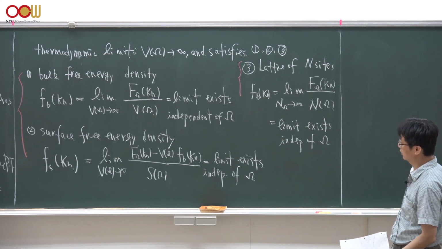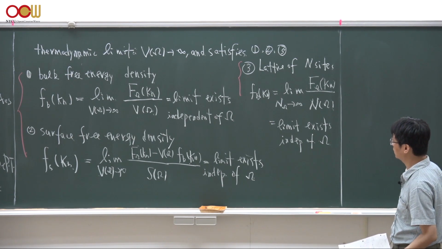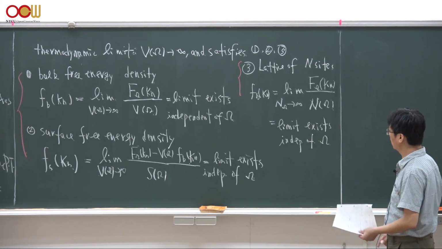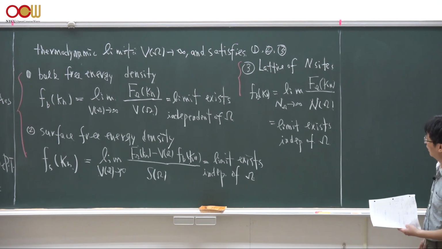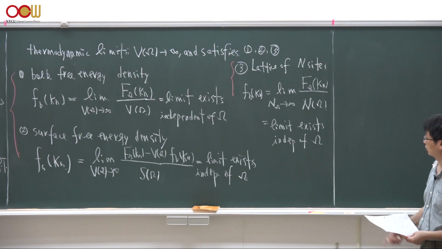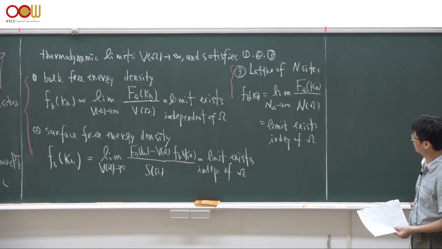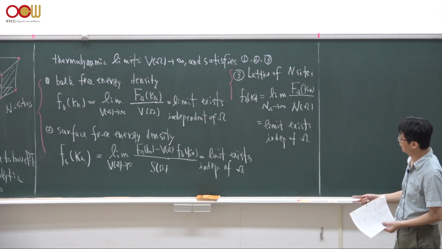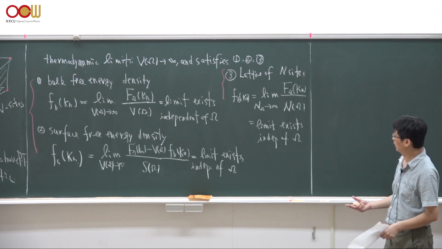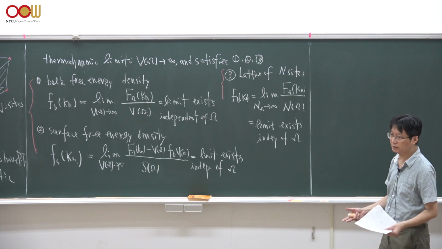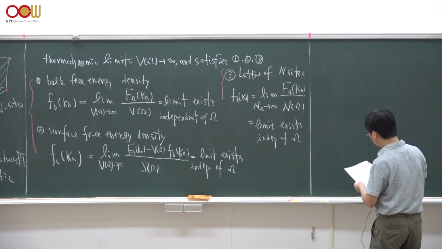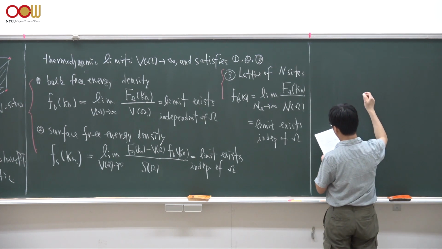You don't know because when volume goes to infinity, something divergent may happen. And if you divide by your volume or surface area, you don't know whether when you take the volume to infinity, this ratio will still be a constant or independent of volume or length scale. It can be divergent. So the thermodynamic limit is highly non-trivial.